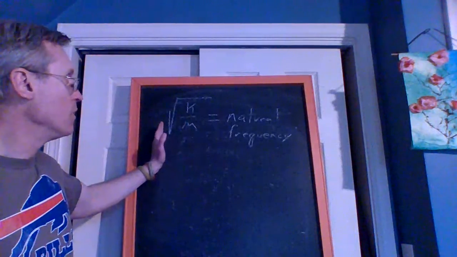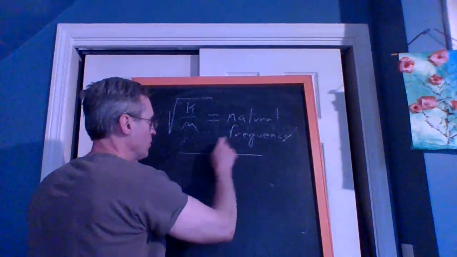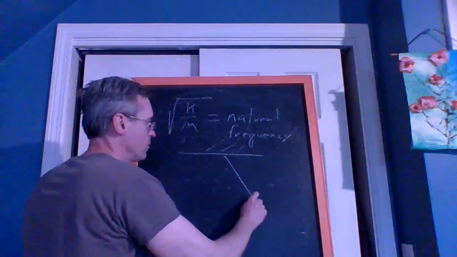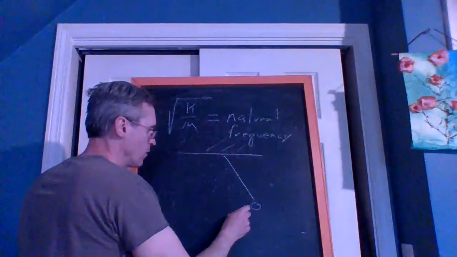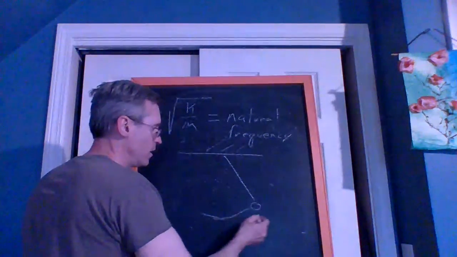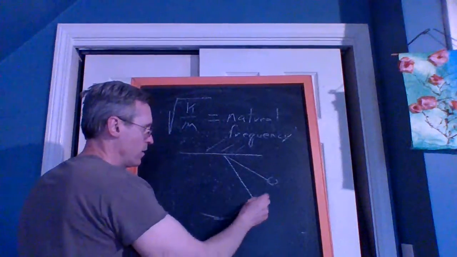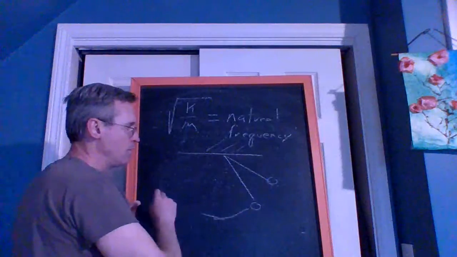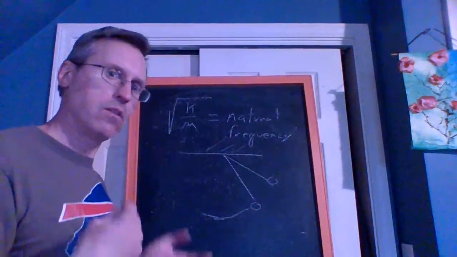Just like with a pendulum, as we did earlier. Here's a pendulum, and when it swings, here's the 0 point, the lowest point. It doesn't make a difference if you release the pendulum from up here or down here. The number of times it goes back and forth in a second is the same.